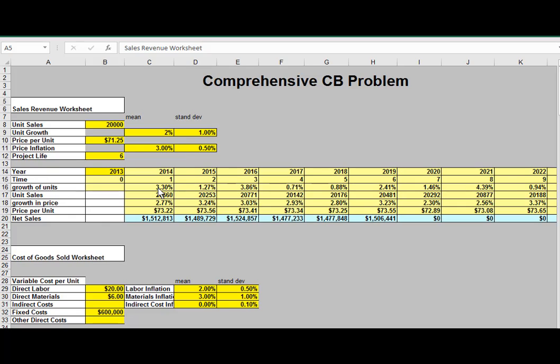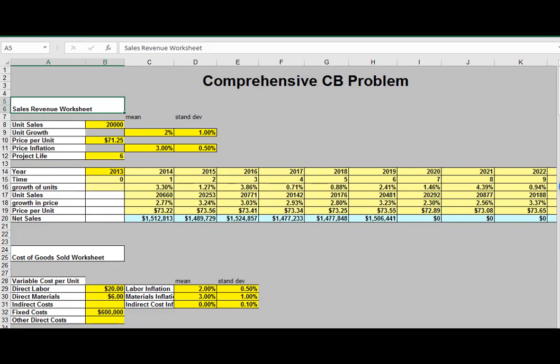That creates the growth in units for year one, 20,330. Then that number is then adjusted, if you will. This number, 20,660, is adjusted for the next year's unit sales, if you will. So we end up with predictions. We have 6 years of predictions of net sales.